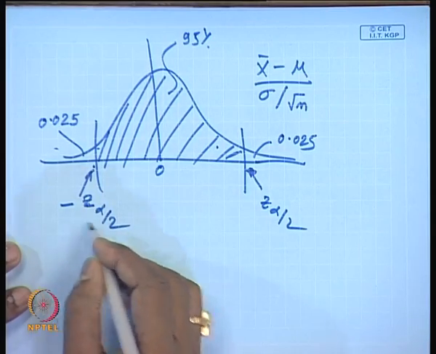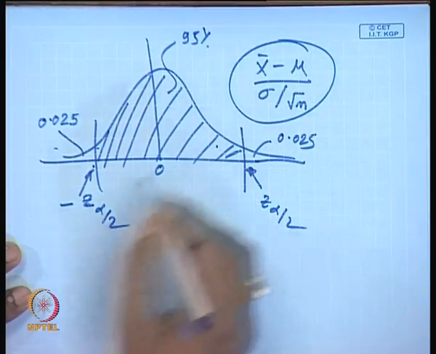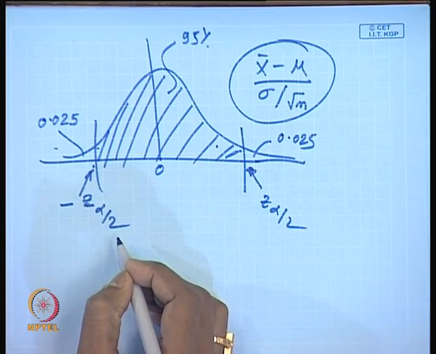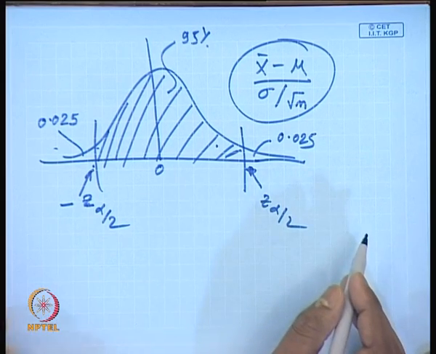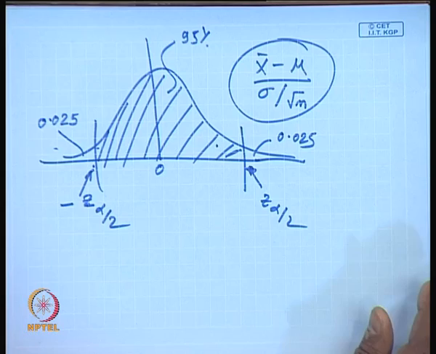So this quantity should lie between this z alpha by 2 and this minus z alpha by 2, where this alpha by 2 is the cumulative probability up to that point.